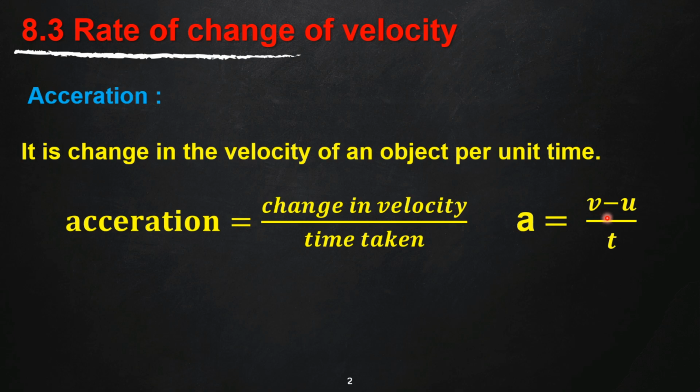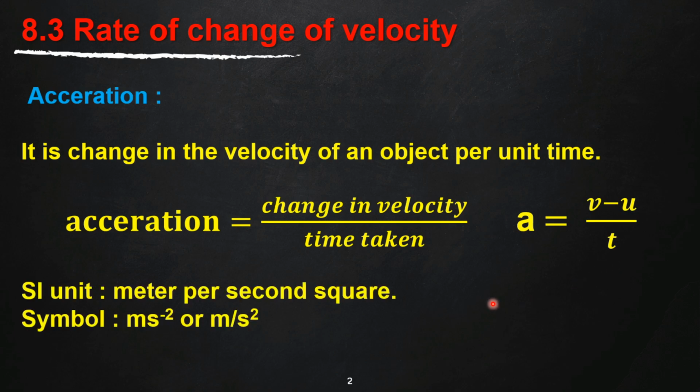That means final velocity minus initial velocity upon time. Time is denoted by the letter t. The SI unit of acceleration is meter per second square. It can be written in the form of symbols as meter second raised to minus 2, or meter per second square.